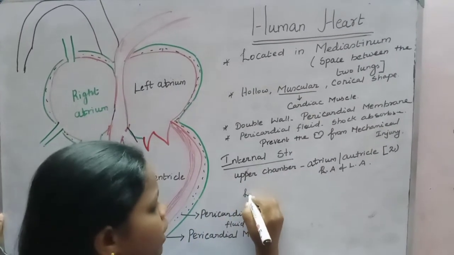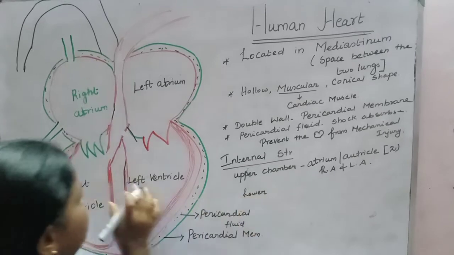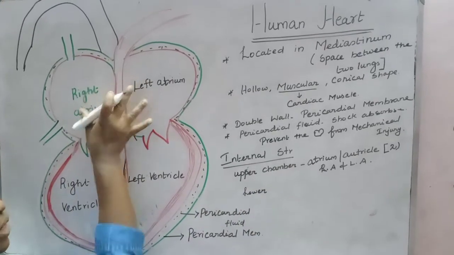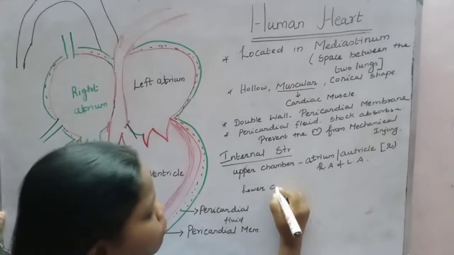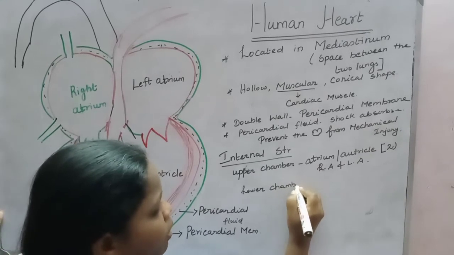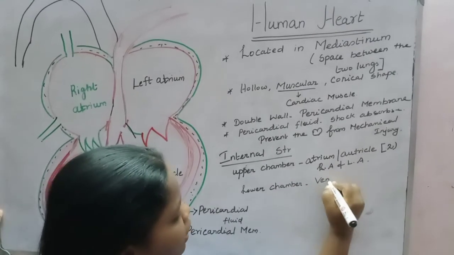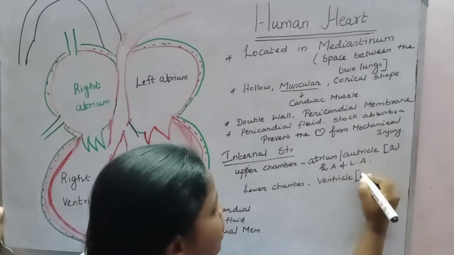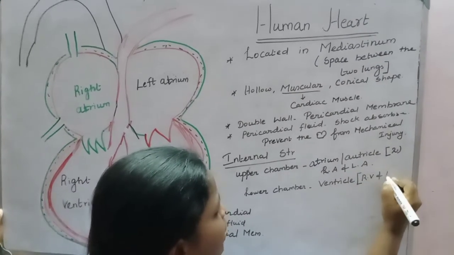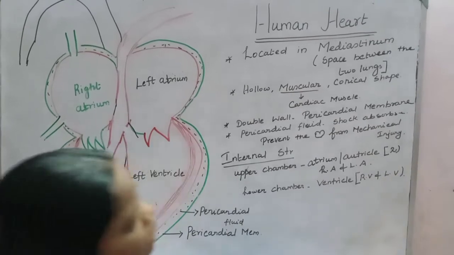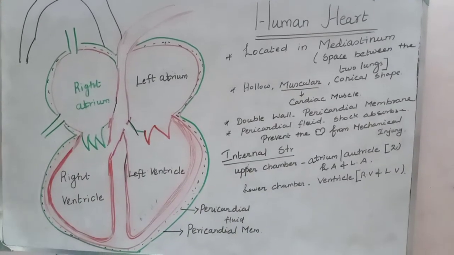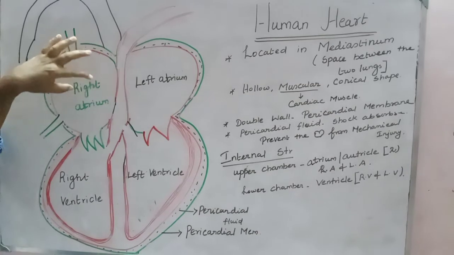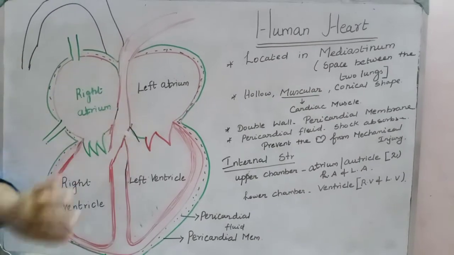And the lower chamber is called the ventricle. This is an upper chamber, this is a lower chamber. That means right ventricle and left ventricle. Are you clear? So the internal structure starts from the chambers. There are 4 chambers in the human heart.